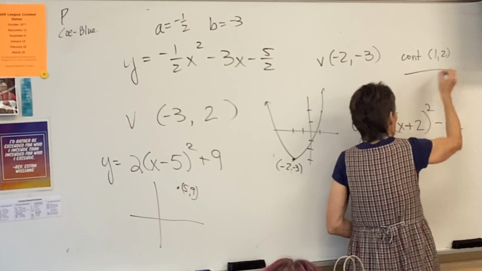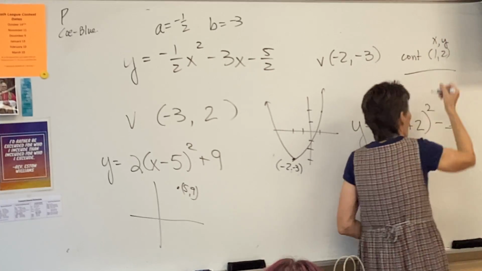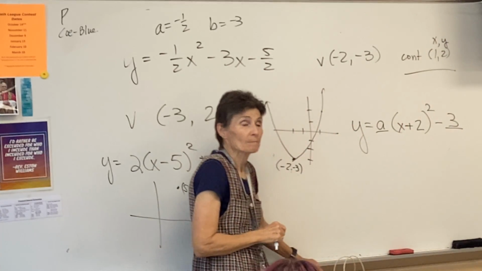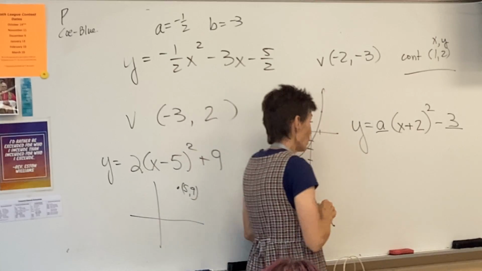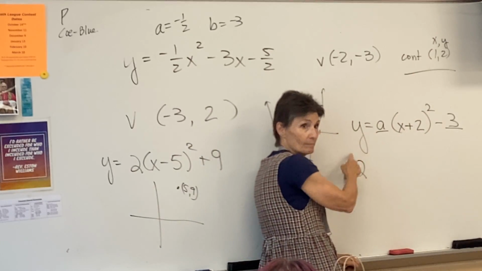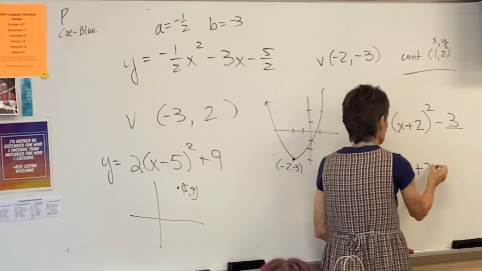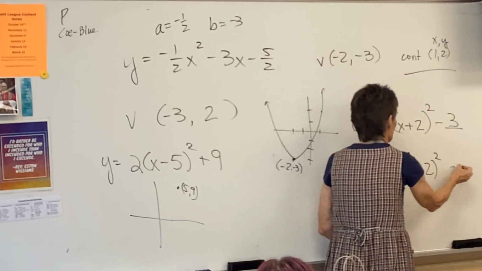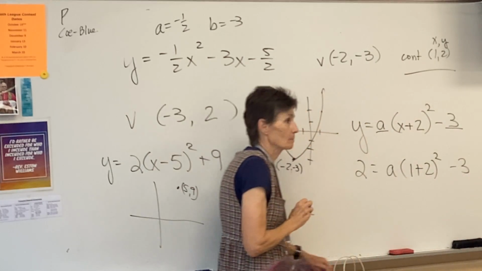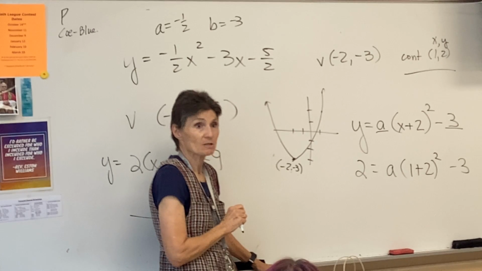This random point that I was given is an X comma Y, would you agree with that? So if I put a 2 here and a 1 here, will I be able to solve that and figure out what the A has to be?